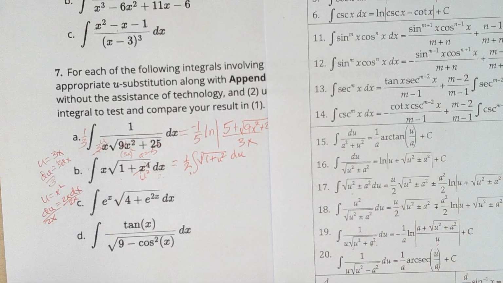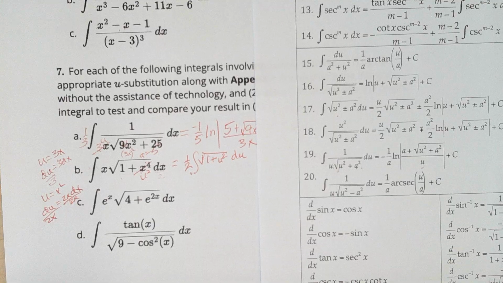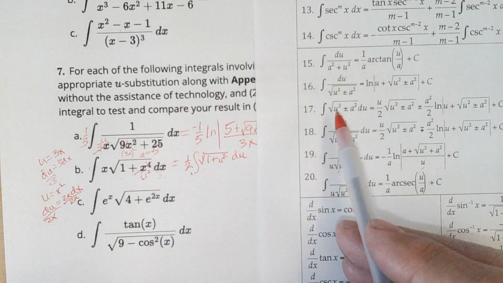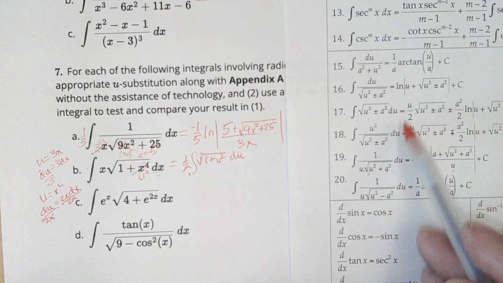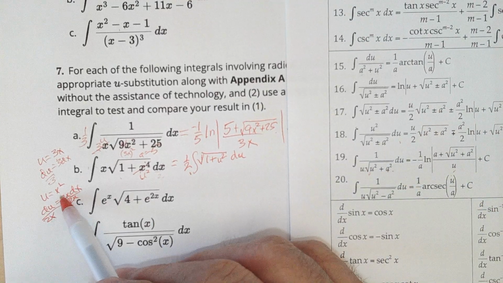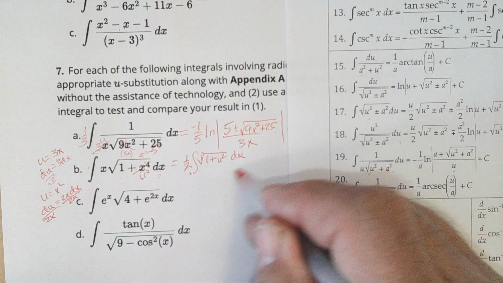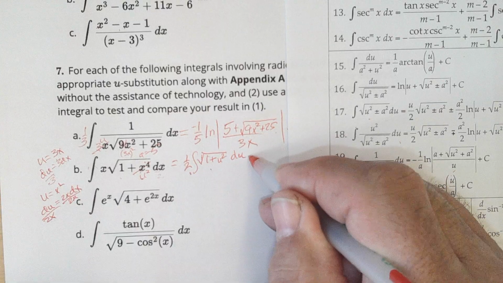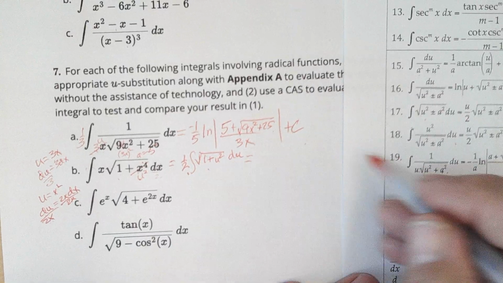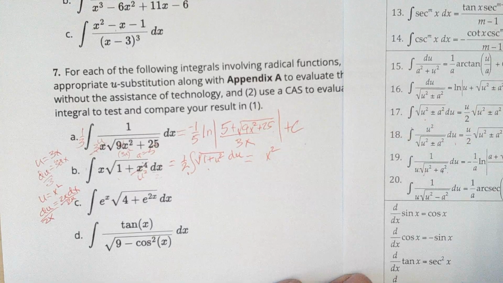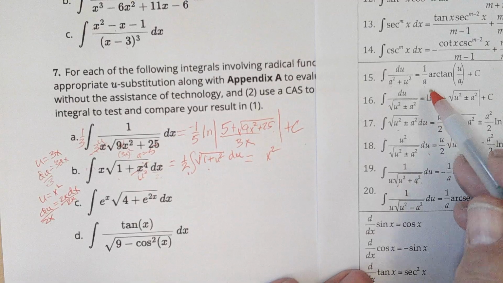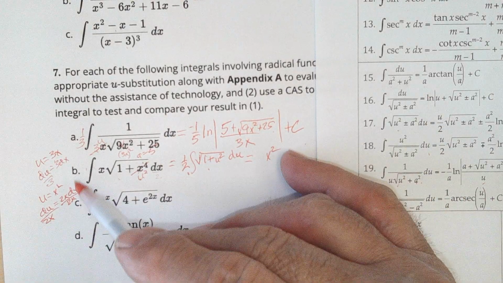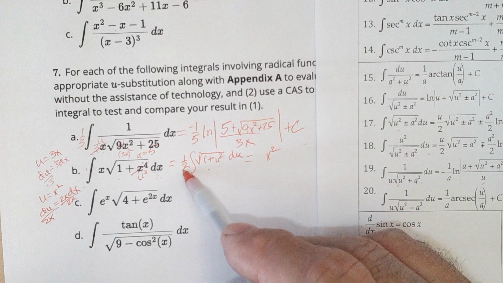So I got this. And according to formula 17, this is u, which we said was x squared. And I have a half that I'm multiplying everything by.